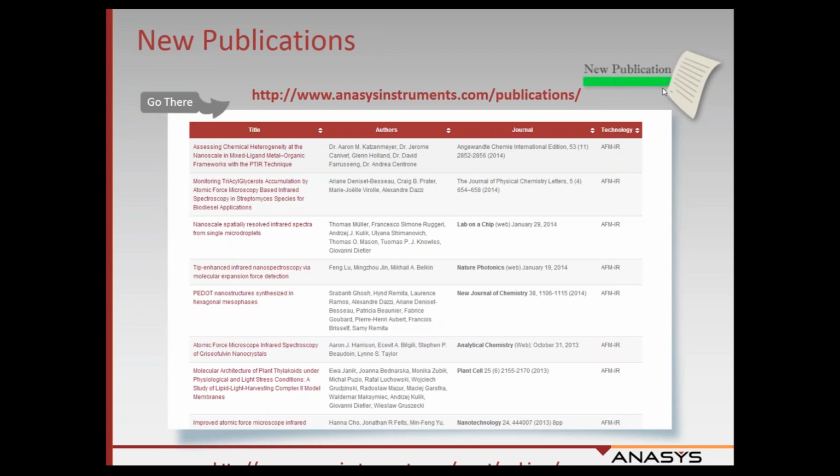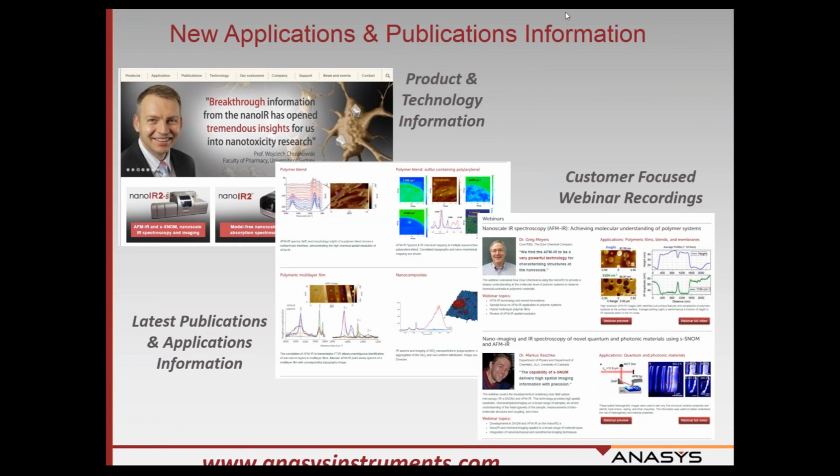If you go to our website, it will have a link to those articles, and there's a very large and growing number of articles. There are other resources on the website, including product and technology information, and as Kevin mentioned earlier, a number of webinars. And let's just give you a tour of a few of these that are previously recorded.